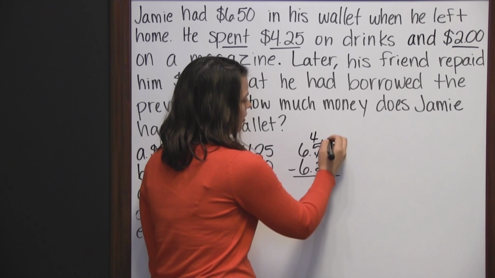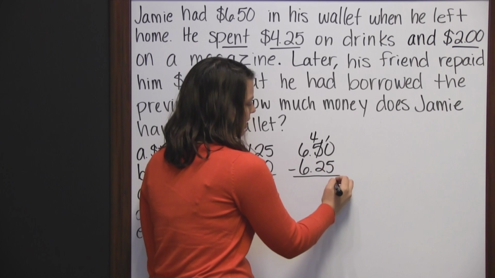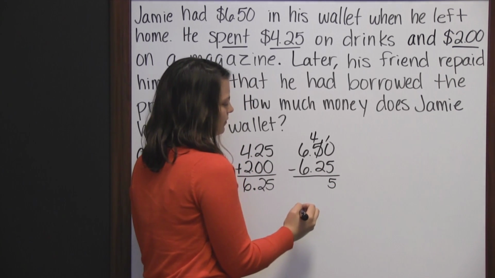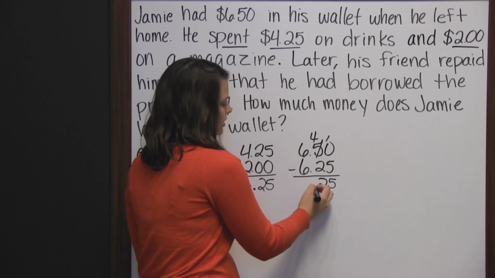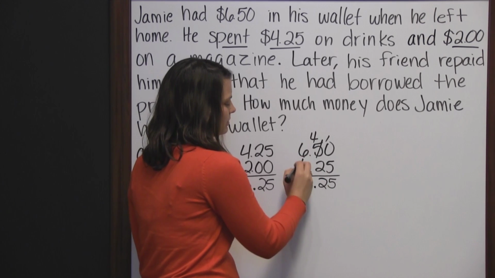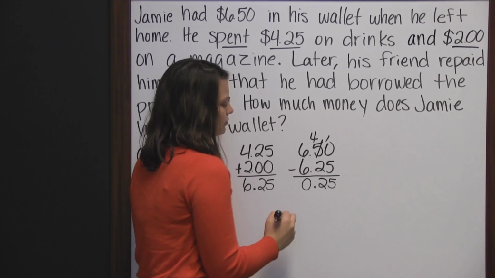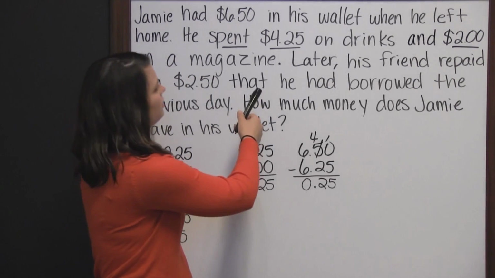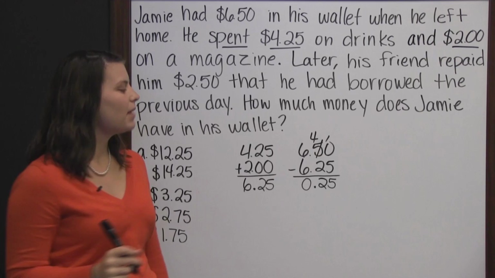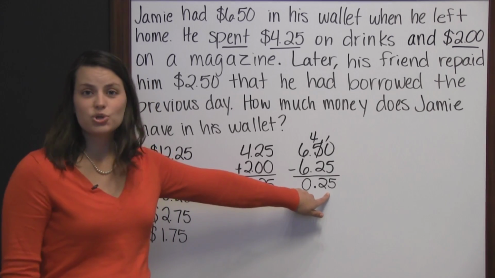It becomes a 4. And now I have 10 minus 5 is 5. And 4 minus 2 is 2. Bring down that decimal. 6 minus 6 is 0. So that means after he spent the $4.25 on the drinks and $2 on the magazine, he only had 25 cents left.